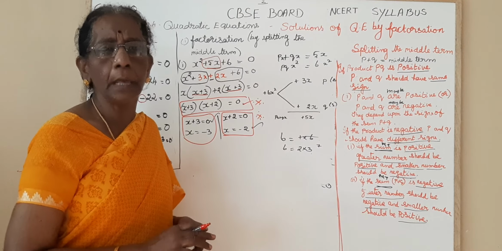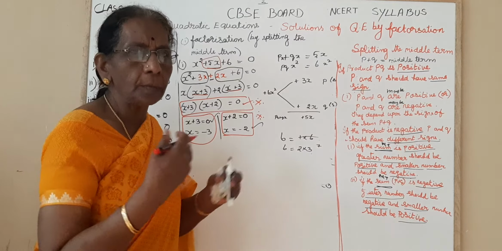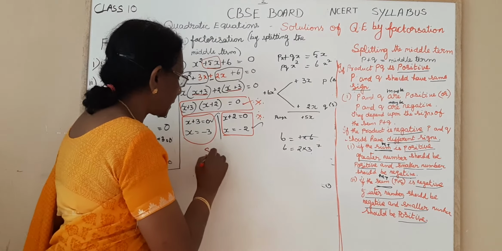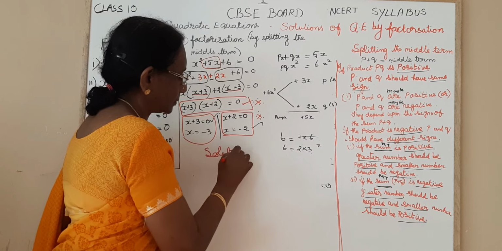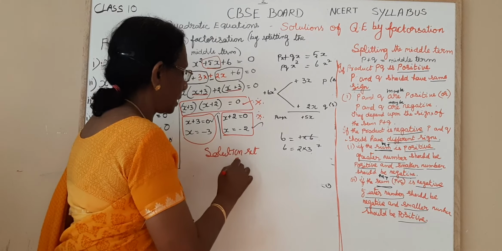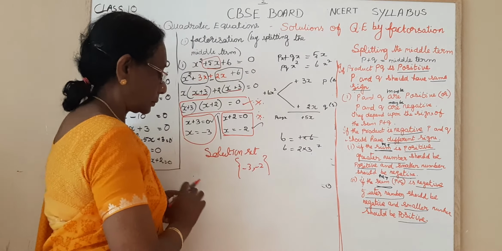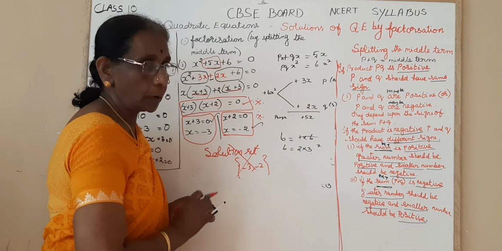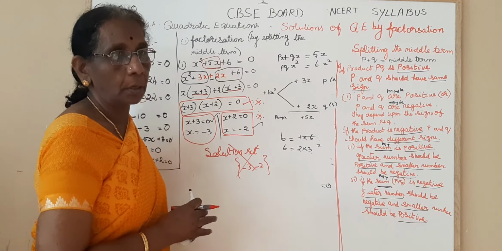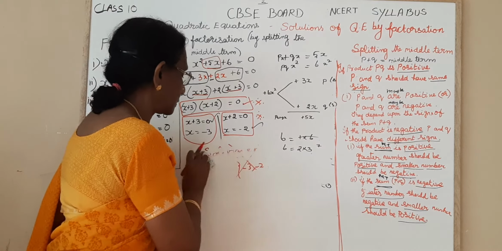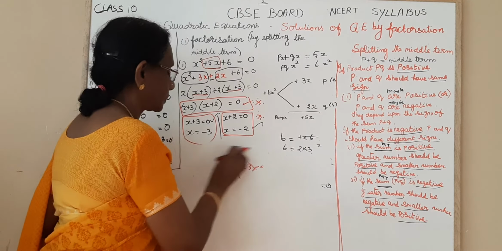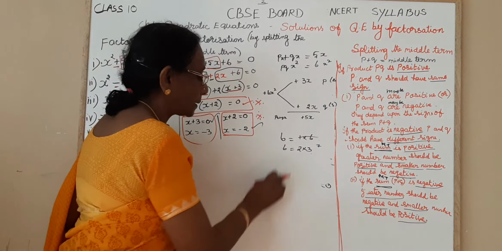When you are writing the answer, you should be very careful. Some children may write solution set is minus 3 comma minus 2. No, it's wrong. The marks will be reduced for this. You should not write the answer like this.